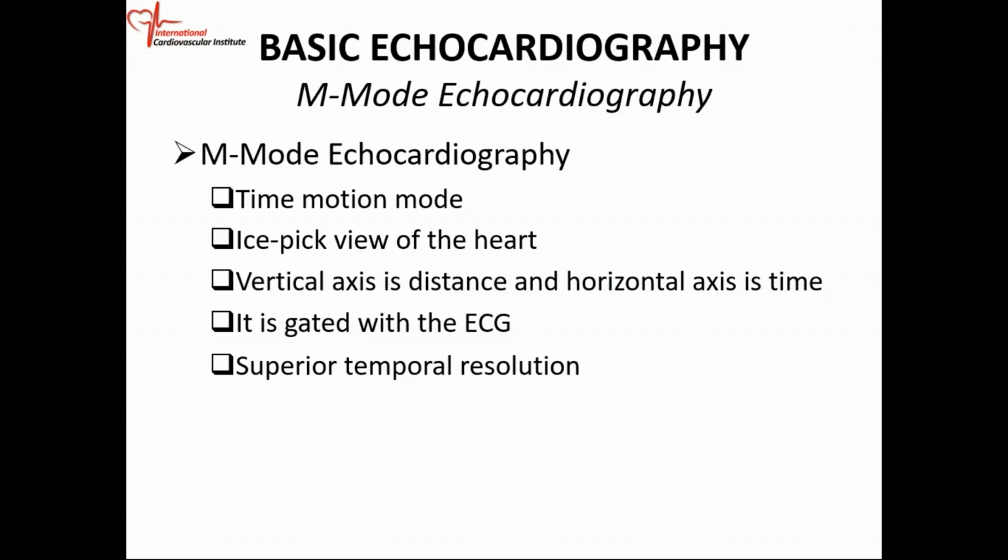Just like anything in echo, it is gated. That is, it's either systole or diastole. Remember, when we say something is diastolic, we're talking about you put the marker at the onset of the QRS, and that is the end of diastole, where the mitral valve is open.